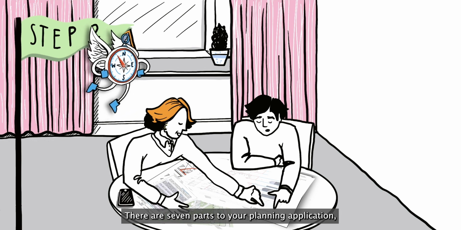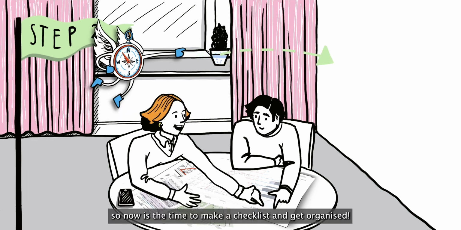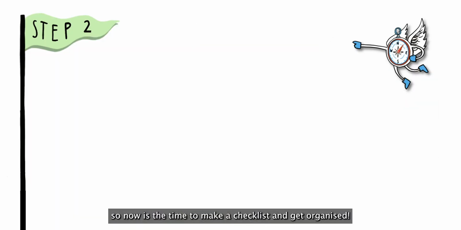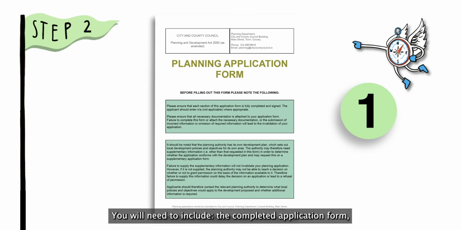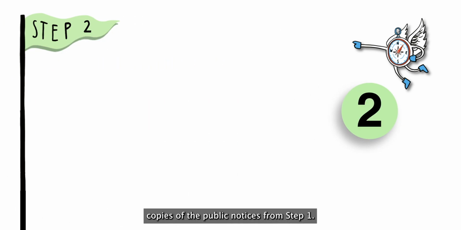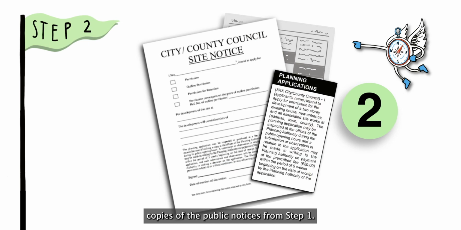There are 7 parts to your planning application, so now is the time to make a checklist and get organised. You will need to include the completed application form, copies of the public notices from Step 1.